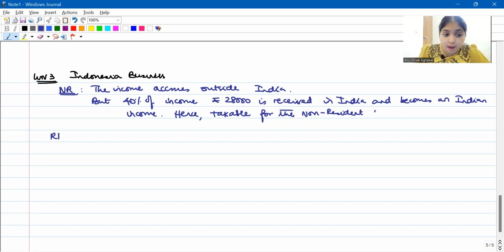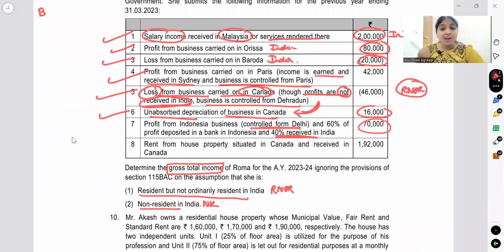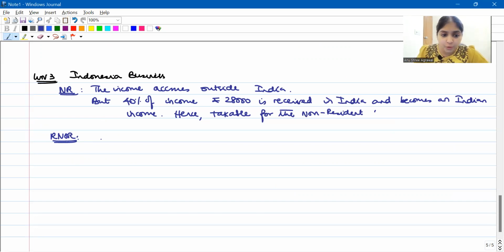Then give the subheading RNOR. RNOR, what did we discuss? No doubt the income is accruing outside India. No doubt only 40% is received in India, but it is from a business which is controlled in India, guys. Hence, fully taxable for RNOR. So under RNOR, write down as the business is controlled from India.